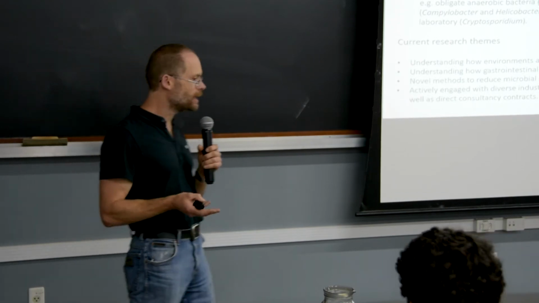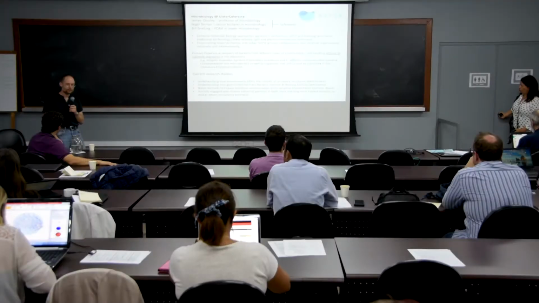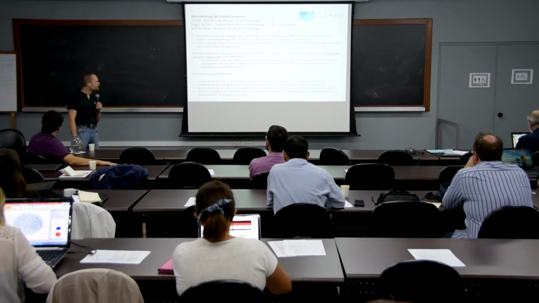So obligately anaerobic bacteria such as Clostridia, microaerophiles including Campylobacter and Helicobacter that cause problems in the food chain, and indeed organisms that we still actually can't grow in the laboratory to any appreciable extent, such as Cryptosporidium. So that's really our unique selling point, if you like. We can work with these difficult organisms. We have a lot of expertise in dealing with them, and we have the facilities. We're very lucky to have the incubators and the bits and pieces that we need in order to be able to do this kind of work.